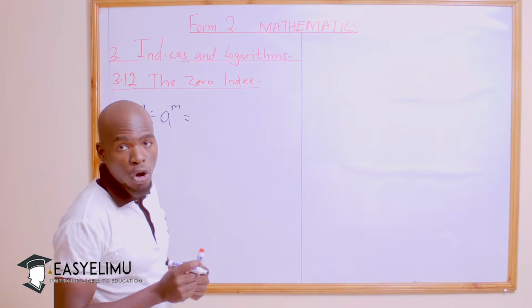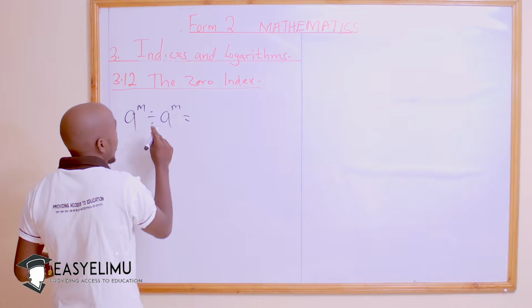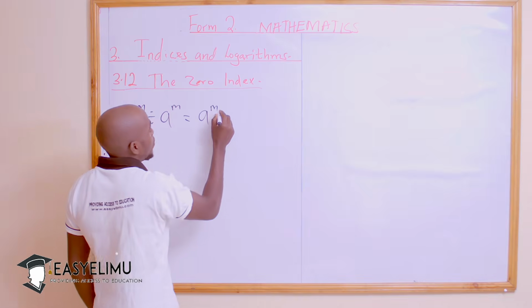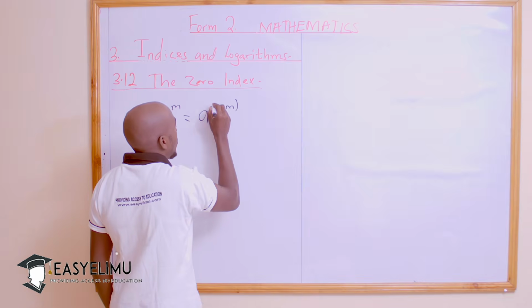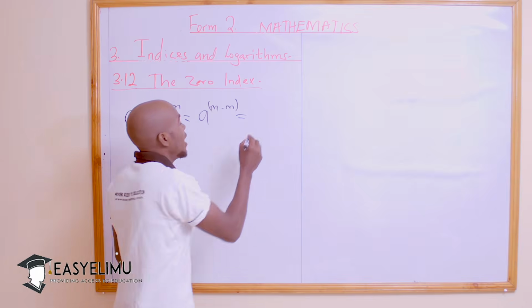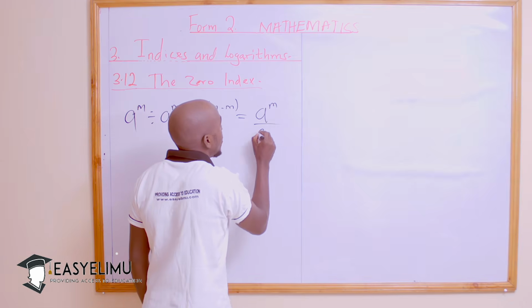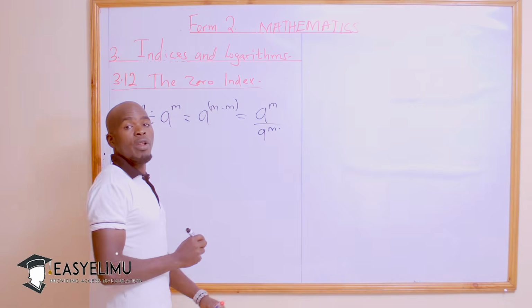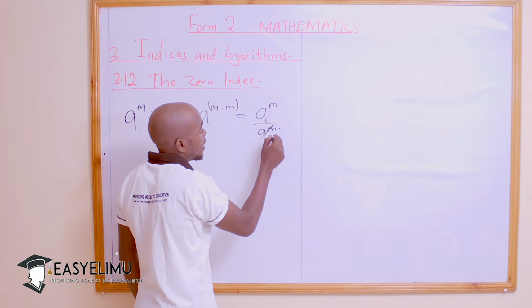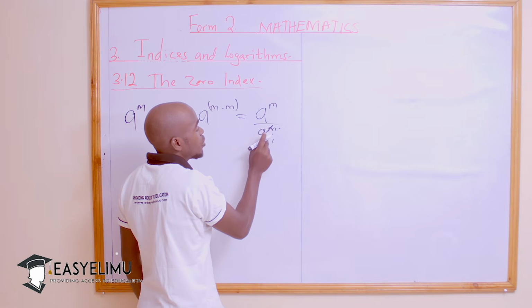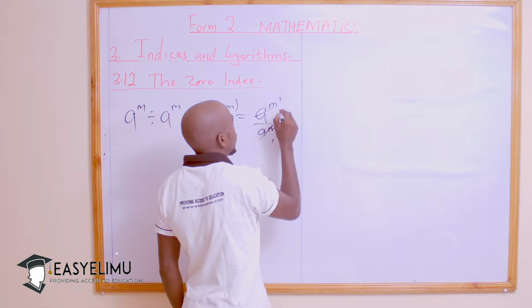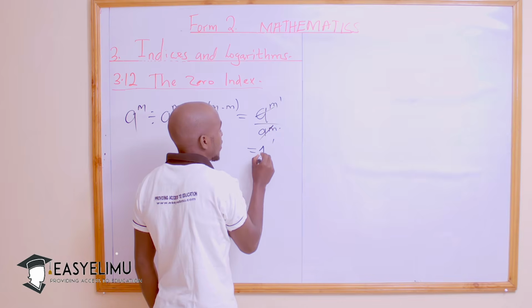According to the second law of indices, this can simply be worked out by taking a^(m-m). Or you can still do it the long way by taking a^m and dividing by a^m. You will find a^m into a^m is 1, and the same applies to the other, so you will end up with the answer 1.